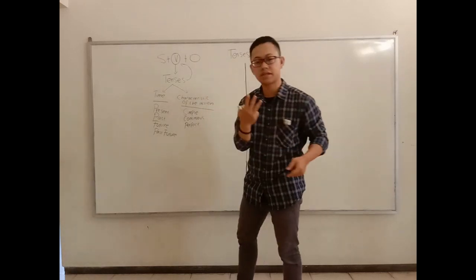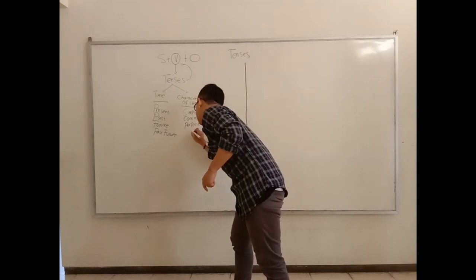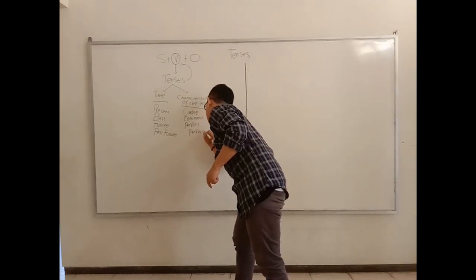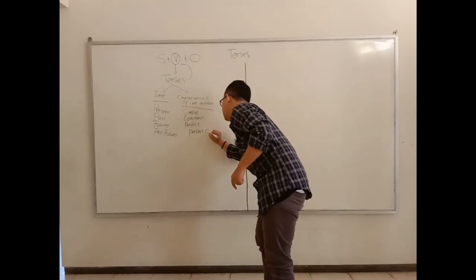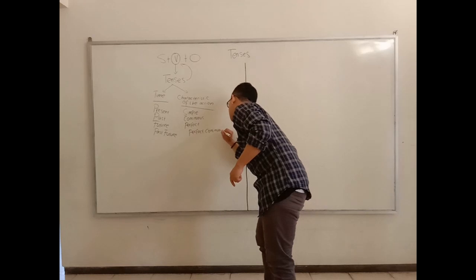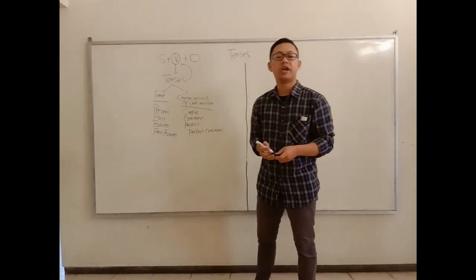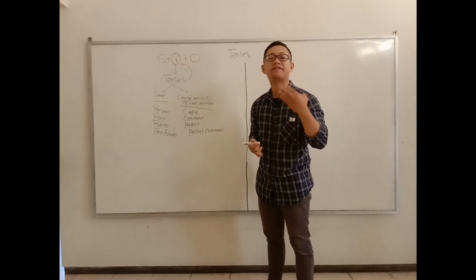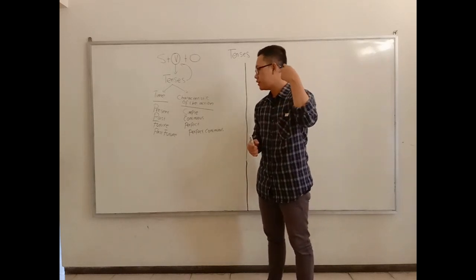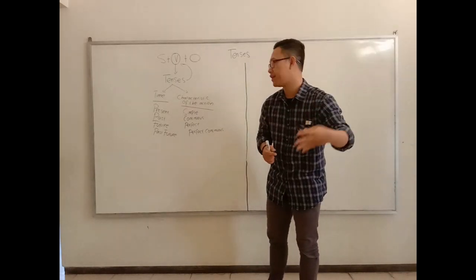And then number 4 is perfect continuous. Okay, there are 4 characteristics of the action in English. Jadi ada 4 sifat kejadian dalam bahasa Inggris. Number 1 is simple, number 2 is continuous, number 3 is perfect, and number 4 is perfect continuous.